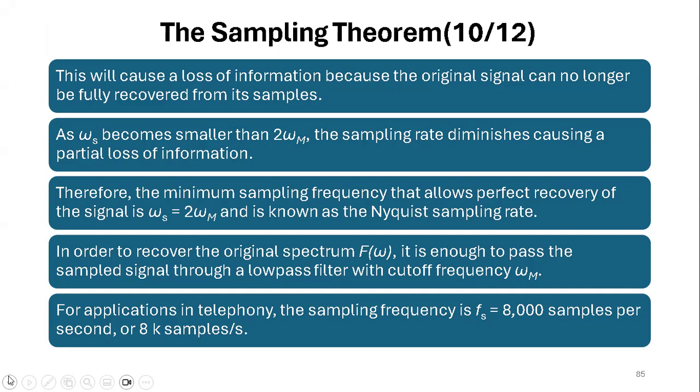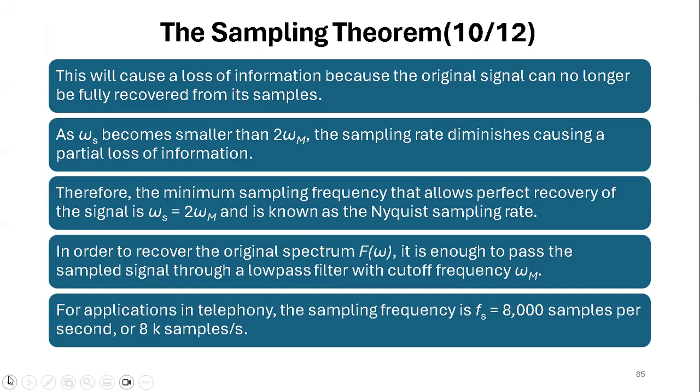Therefore, the minimum sampling frequency that allows perfect recovery of the signal is 2 omega_m, and this is also called the Nyquist sampling rate. In order to recover the original spectrum, it is enough to pass the sampled signal through a low pass filter with cutoff frequency W.